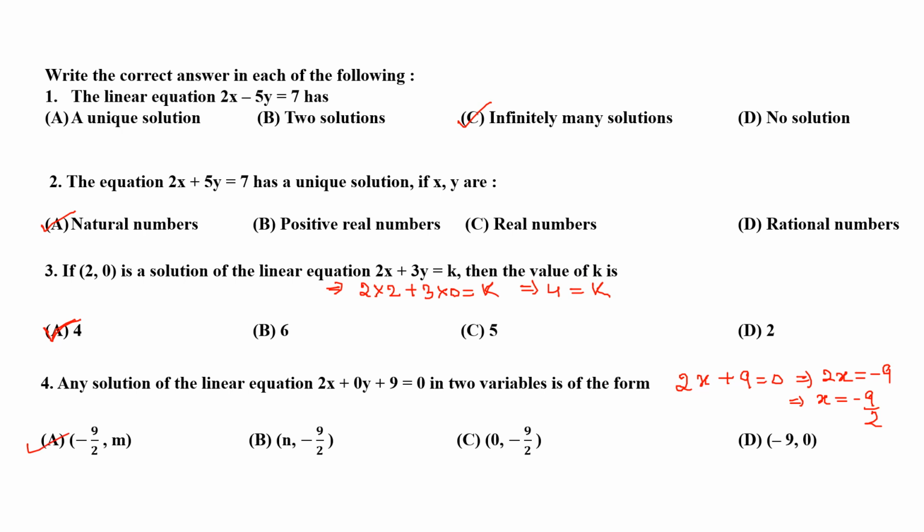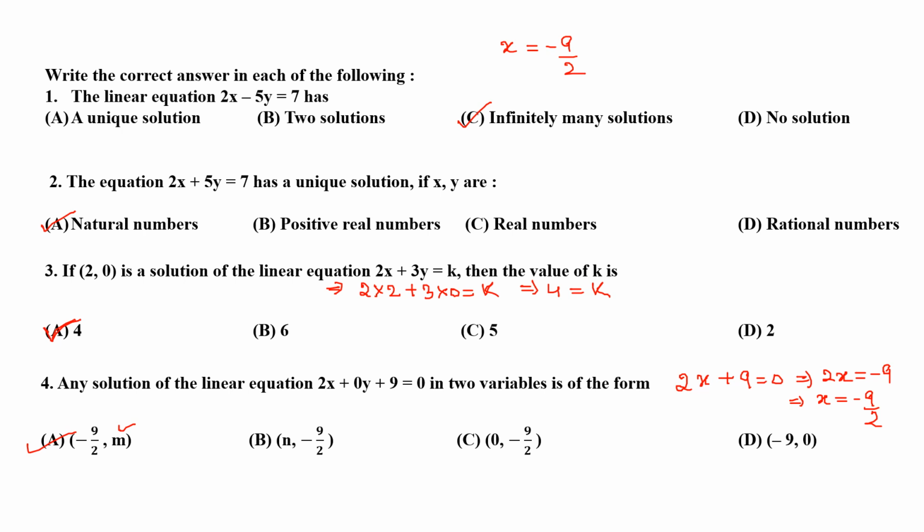And you have already studied, right? When it is x equal to minus 9 by 2, then this will be a graph which is parallel to the y-axis. And in all the line, the x coordinate will remain minus 9 by 2, but y coordinate can be any number. That's why it is given as m. M can take any value, isn't it?